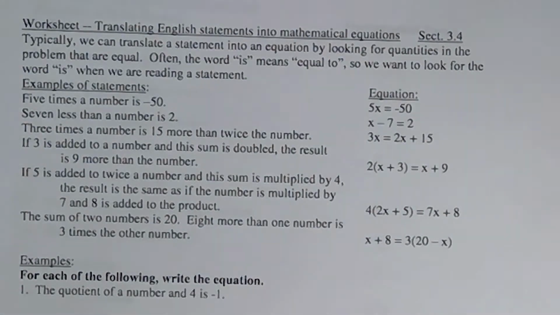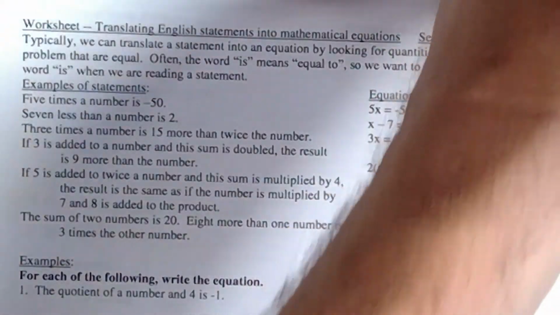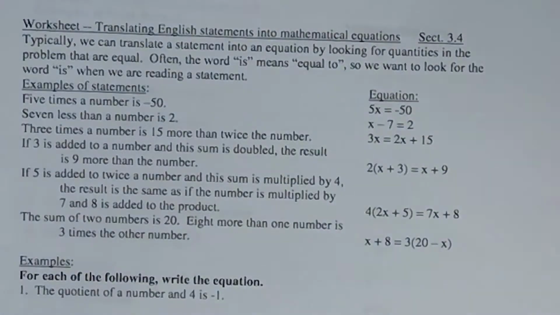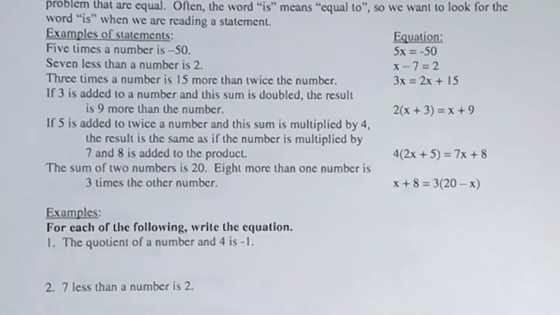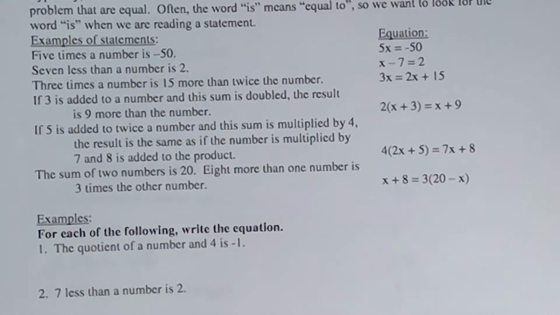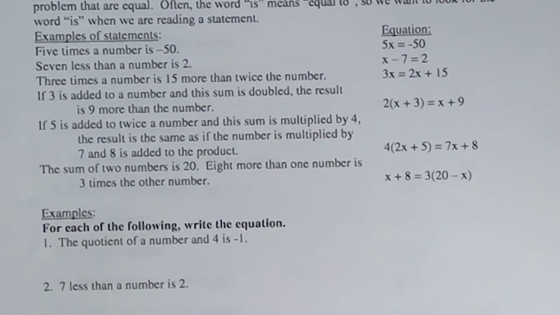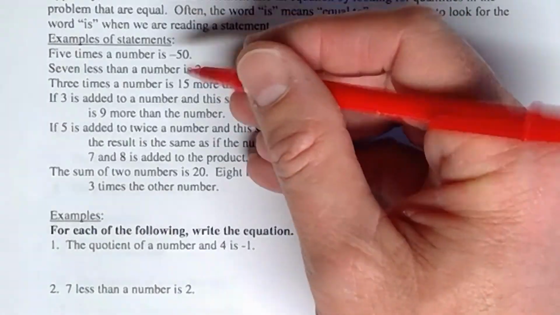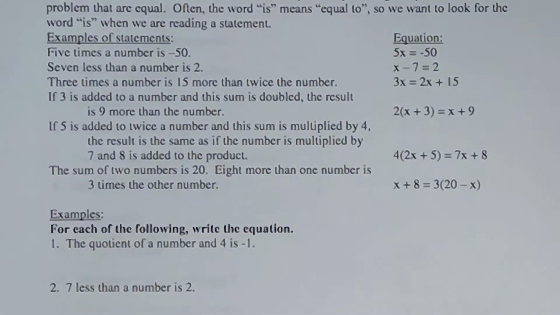Well, let's take a look at some examples of English phrases that, when you translate them, give an equal sign. If I said that my salary is $20 an hour, doesn't that mean that my salary equals $20 an hour? Okay.